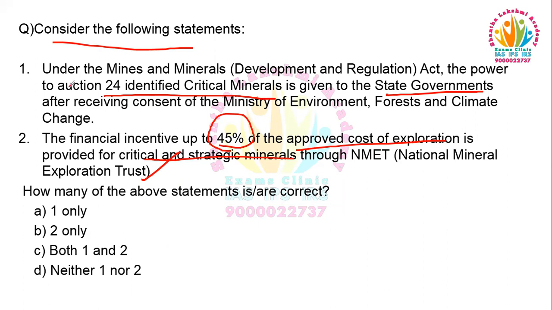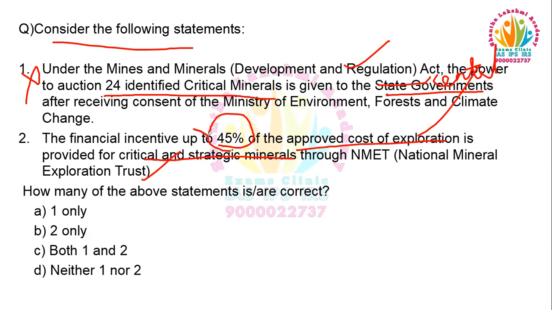So if you look at statement 1, this is incorrect because under the Mines and Minerals Development Regulation Act, the power to auction the critical minerals is given to central government, not state government. So statement 1 is incorrect. Coming to second statement, the financial incentive up to 45% of the approved cost of exploration is provided for critical and strategic minerals exploration.